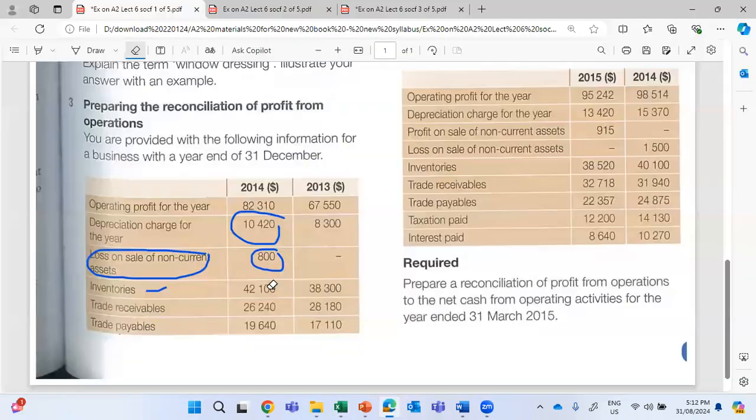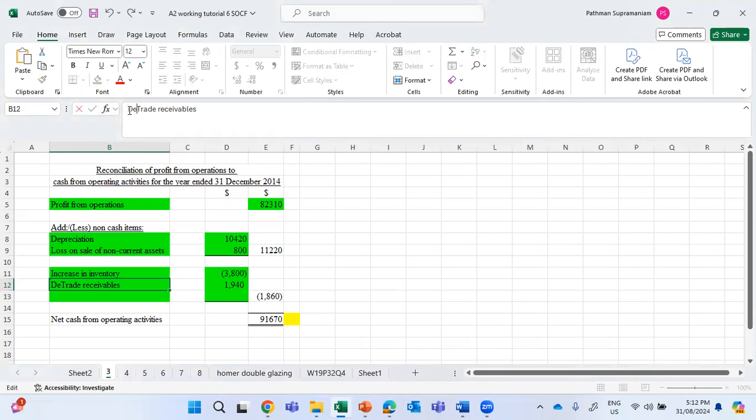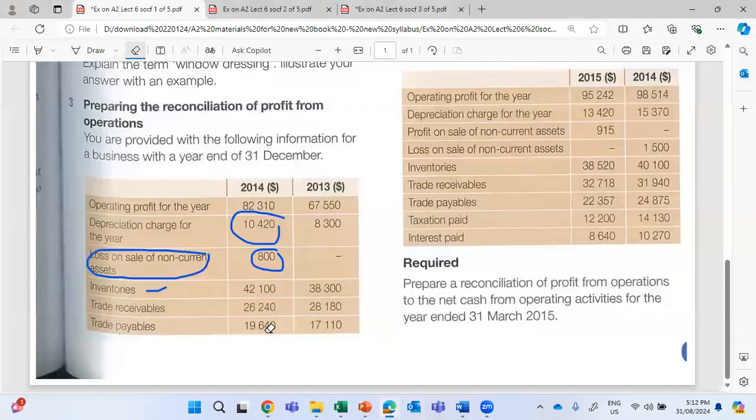Next I have my trade payables, which is a liability. Comparing this year and last year, the figure has increased. Increase in trade payables is a cash inflow.